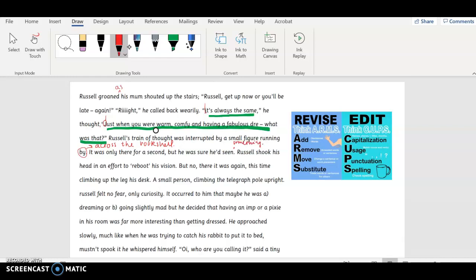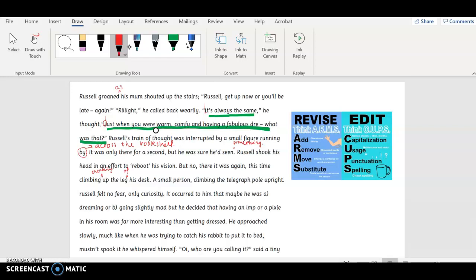Russell shook his head in an effort to reboot his vision. But no, there it was again, this time climbing up the leg of his desk. Maybe I could add an adverb in here as well, climbing sneakily up the leg of his desk.